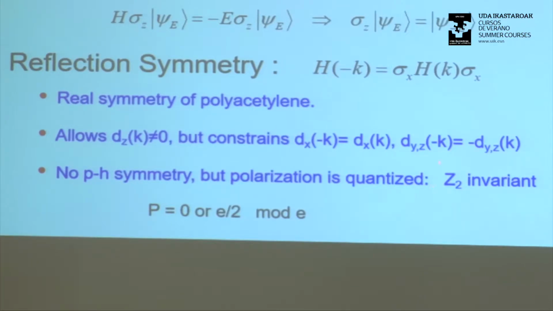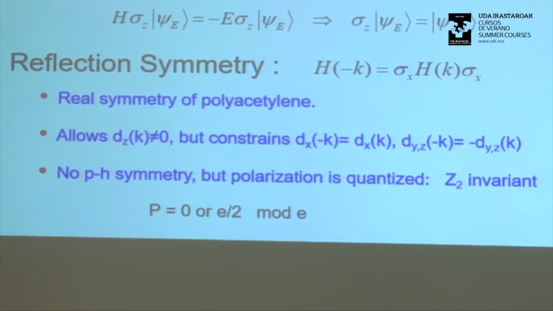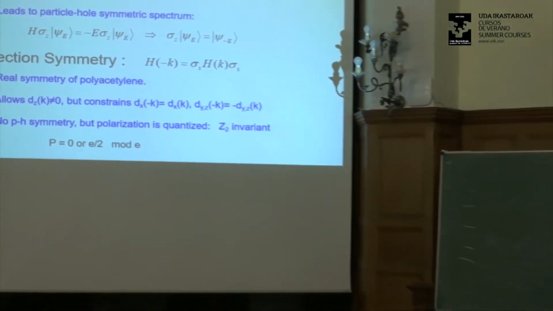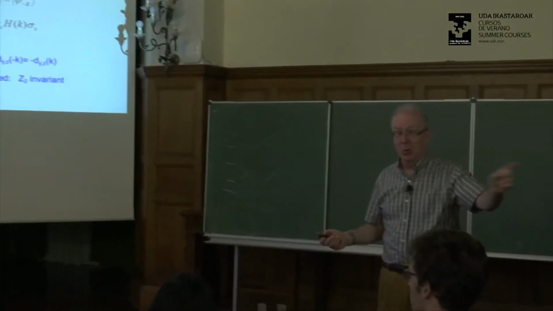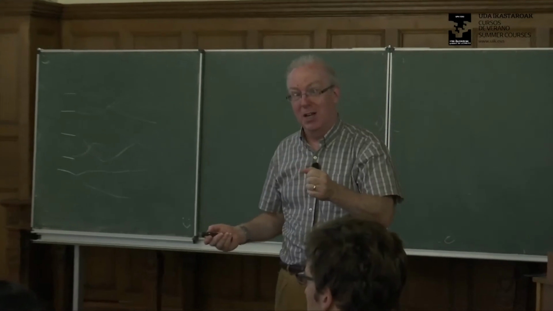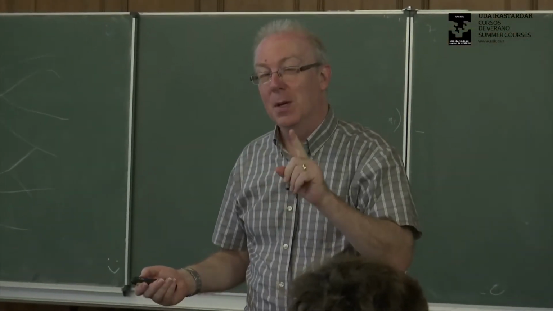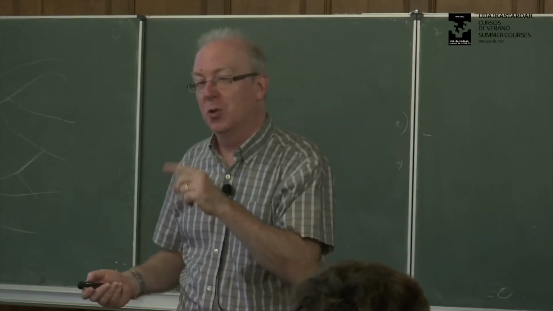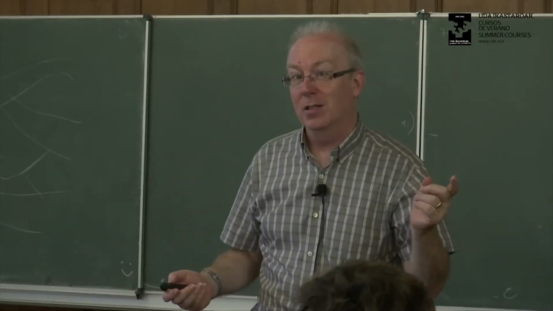Basically the reason for that is you can think that the polarization, if you have reflection symmetry, then the polarization has to be equal to minus itself, because if I reflect, then the polarization changes sign. So the polarization can be zero. Zero is equal to minus zero. But the polarization can also be e over 2, because remember, the polarization is only defined modulo an integer anyway.